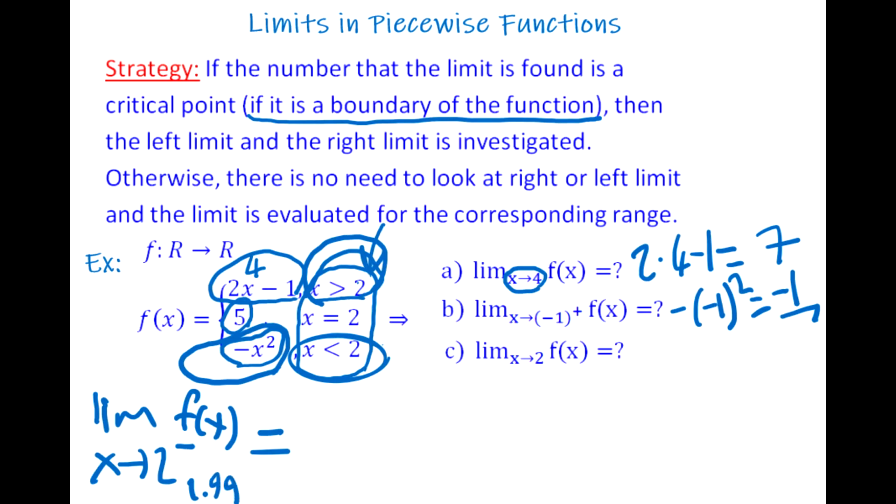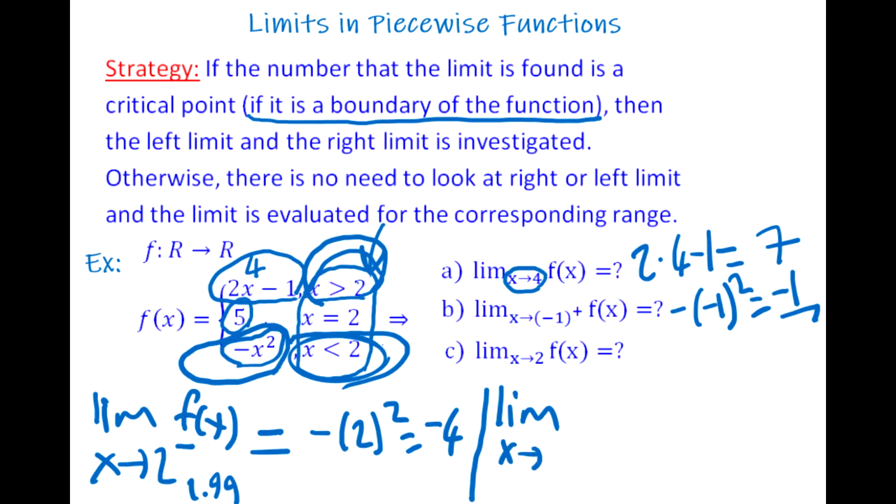Because 1.99 is within this interval, I'm going to apply -x squared. So it's going to be -2 squared, which is -4. So the left limit is -4.